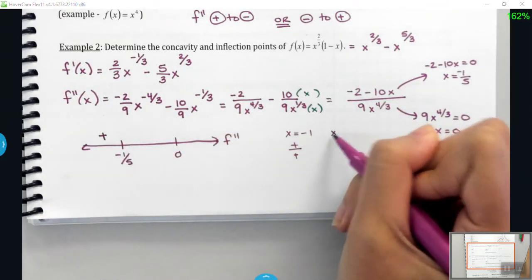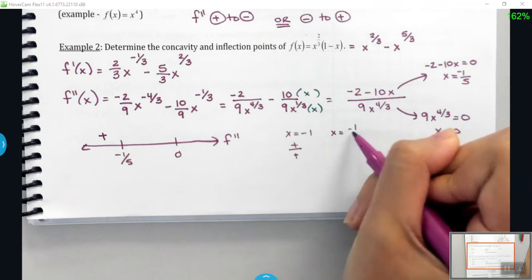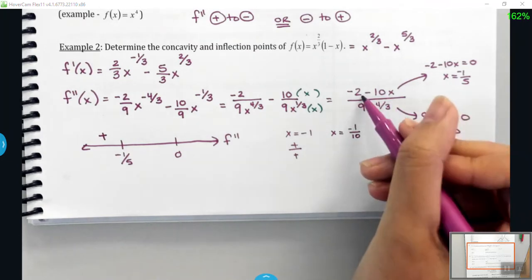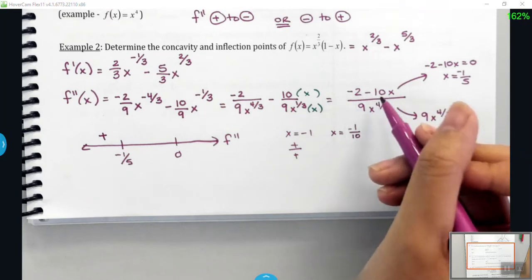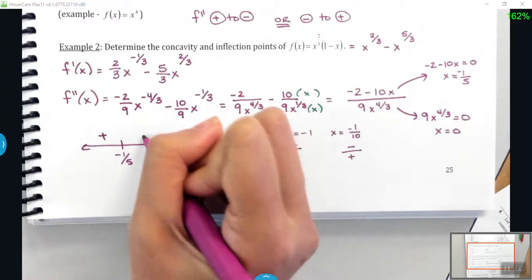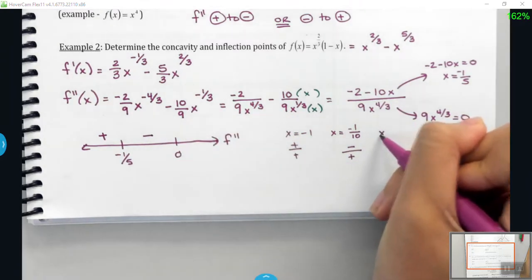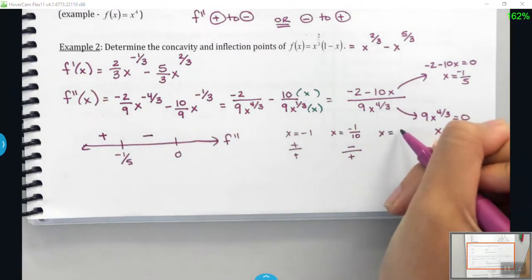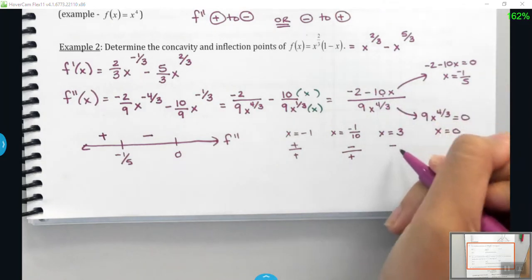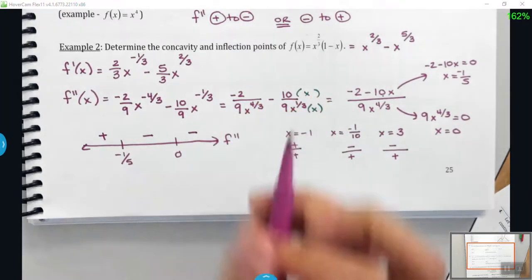Oh, gross. Negative 1/10 maybe? Negative 2 plus 1 is negative over this is positive. That's negative. Positive, negative, negative. Okay.